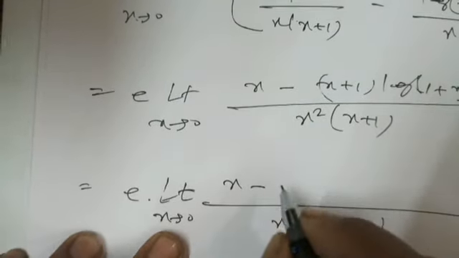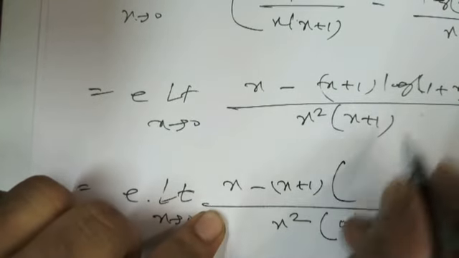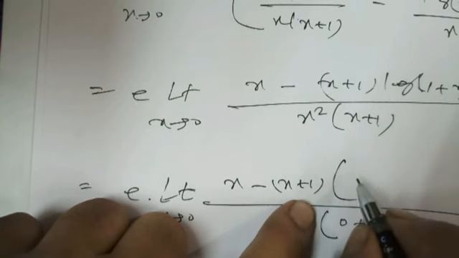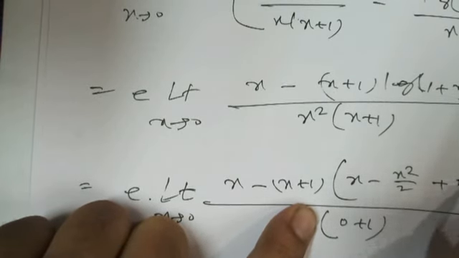and this will be x minus x when multiplied putting x plus 1, and its expression log of 1 plus x is x minus x square by 2 plus x cube by 3 minus dot dot like this.